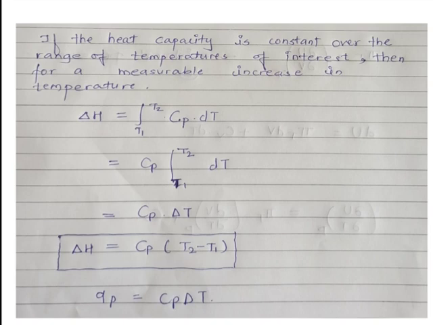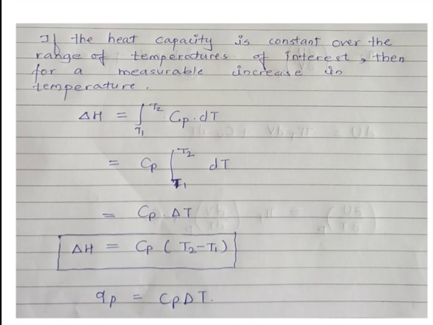So you can write the integration of dT as delta T, and delta represents the change, the final value minus the initial value, that is T2 minus T1. So delta H is equal to Cp into delta T, and we know that delta H is equal to Q, that is heat is equal to change in enthalpy. So you can write the heat at constant pressure is equal to Cp into delta T.